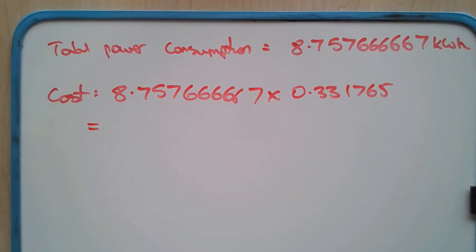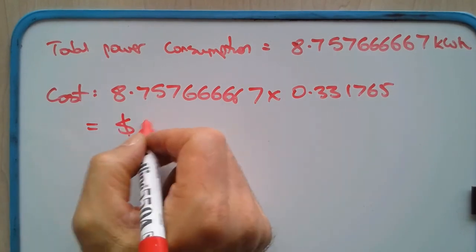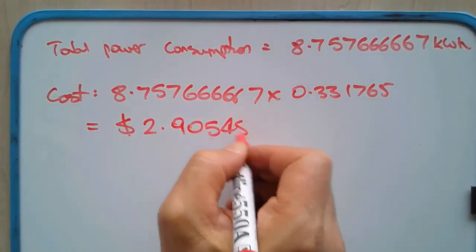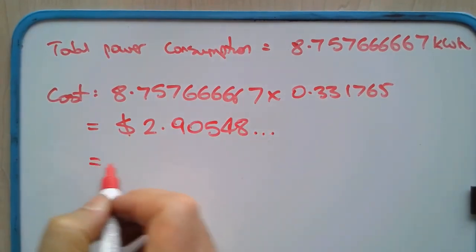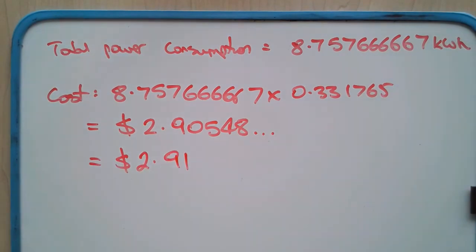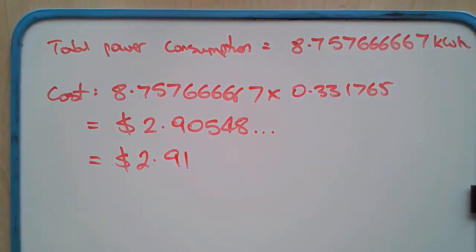So I'm going to multiply that by 0.331765, and we end up with $2.90548. A few decimals after that, but we're not interested in those. We're just going to round it to the nearest cent. So it'd be $2.91 to operate both of those appliances over a quarter.